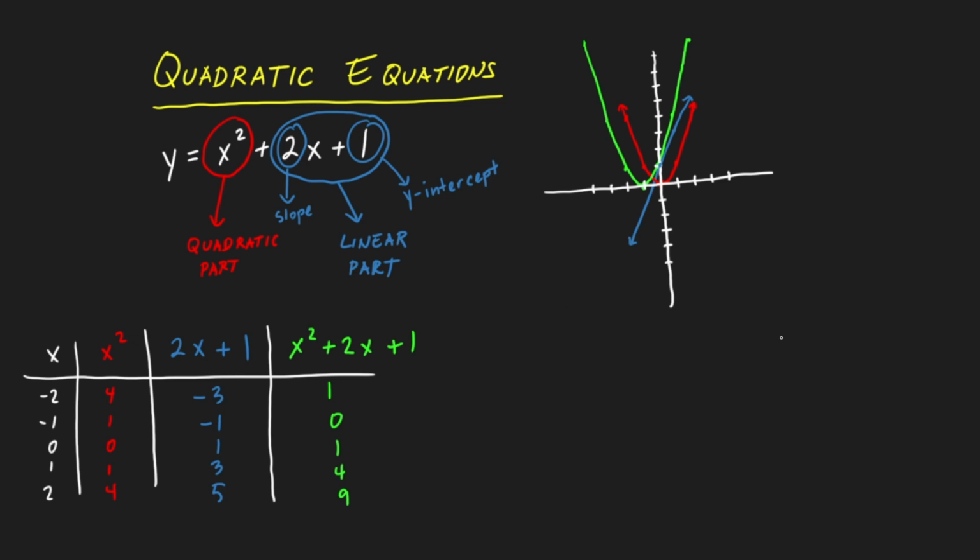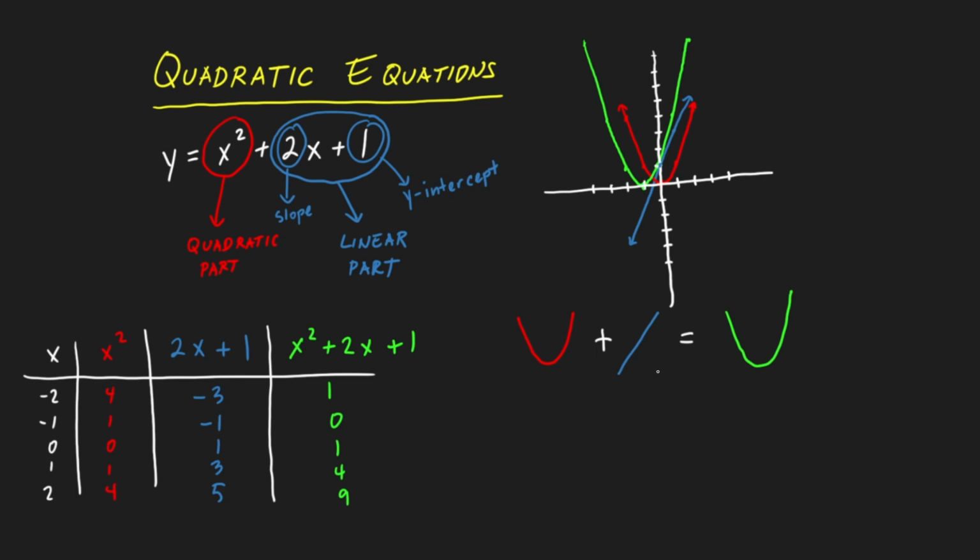So as you can see, what's going to happen? Whenever you have a parabola, what we did here is we have the red parabola, and then we added to that the blue line. That's equal to the green parabola. And basically what happened to the green parabola?